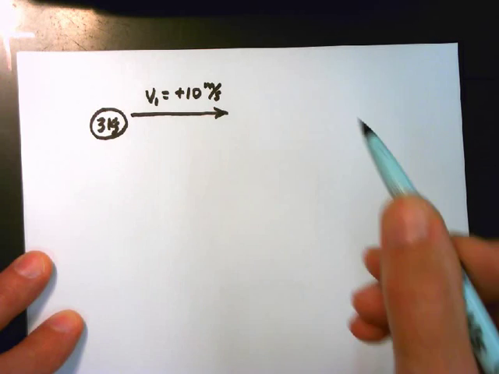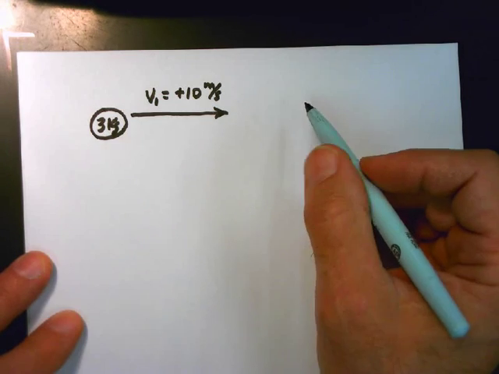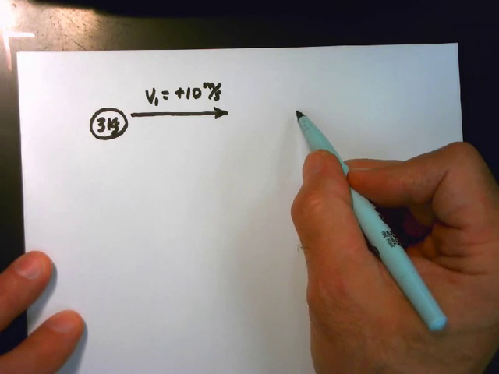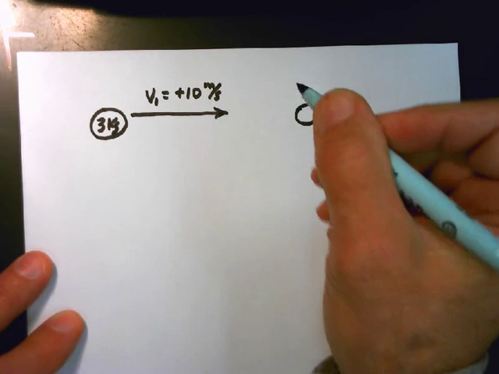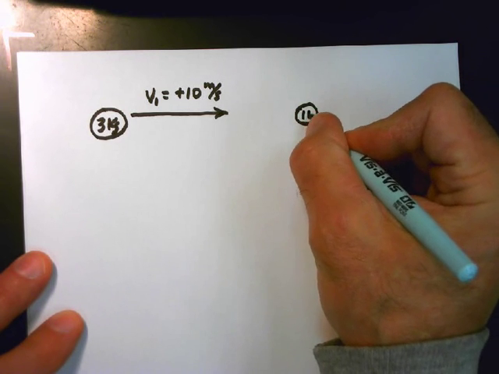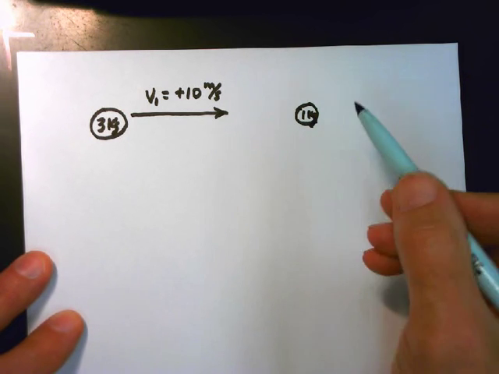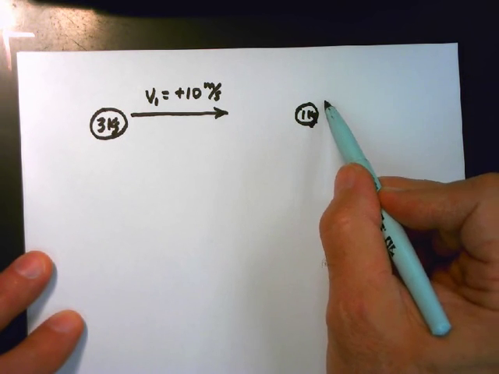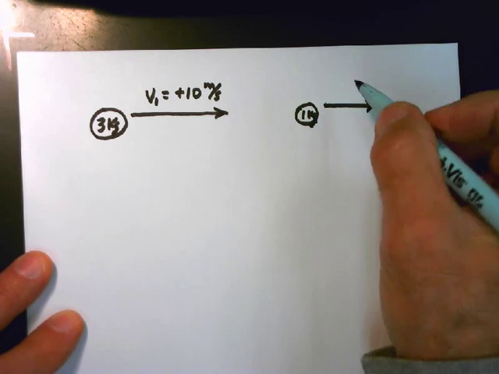We'll define to the right as positive. And it's going to collide with another ball elastically. So these are like billiard balls, but they're not the same size. This only has a mass of 1 kilogram. And it's going slower, at a speed of plus 4 meters per second.